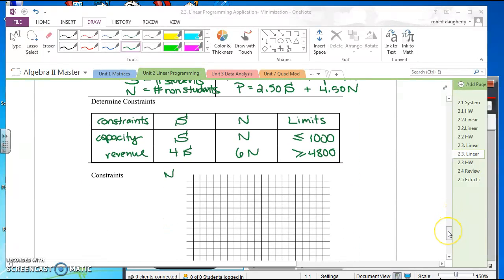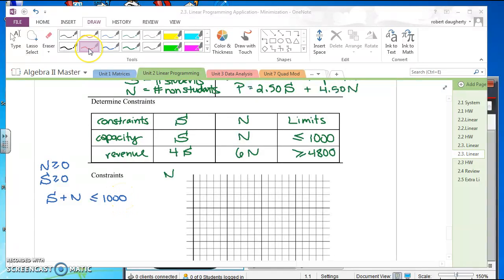So the constraints are, obviously, S is greater than or equal to 0, N is greater than or equal to 0, and then I've got S plus N has to be less than or equal to 1,000.